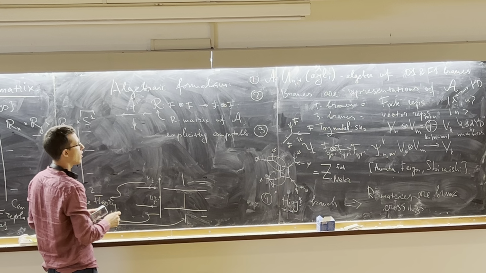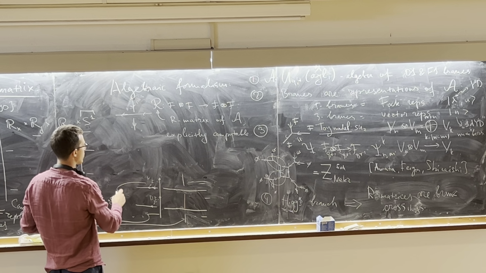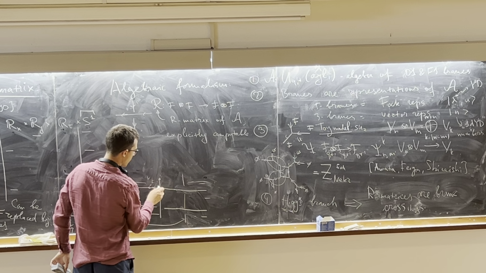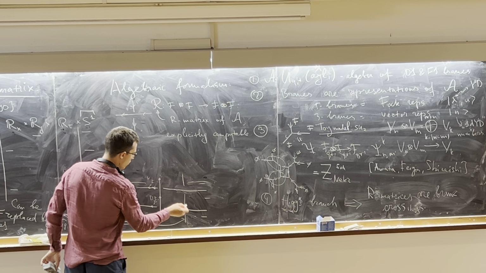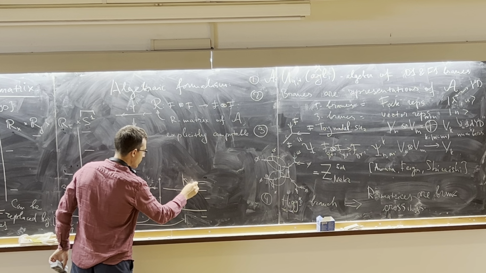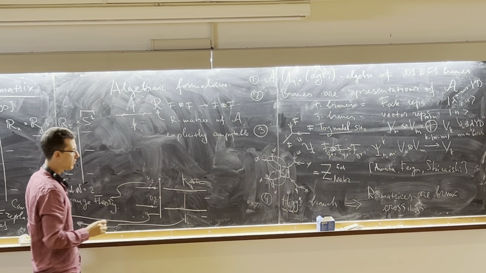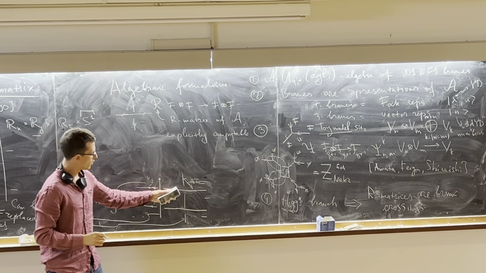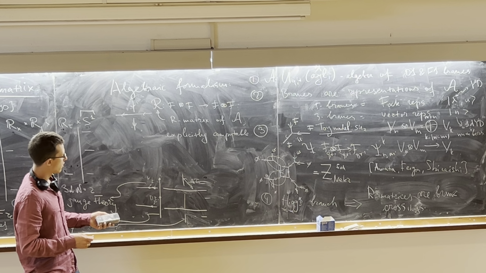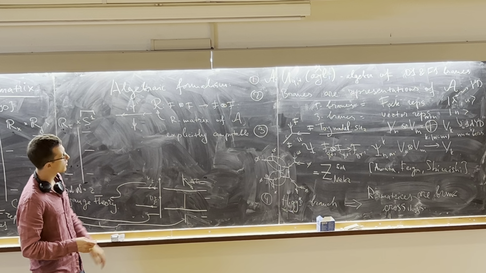Nothing depends on tau, on the separation in tau direction. So here in this picture, I have a separation delta tau between the planes in which these two branes lie and this brane lies. Nothing depends on this delta tau, so it can be made arbitrarily large. And it seems that this operator should be just permutation.